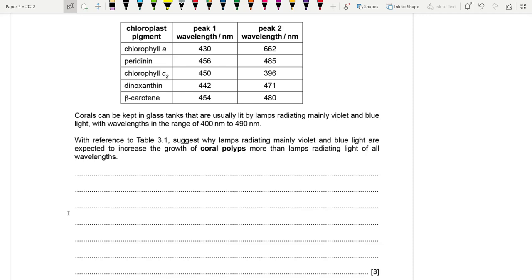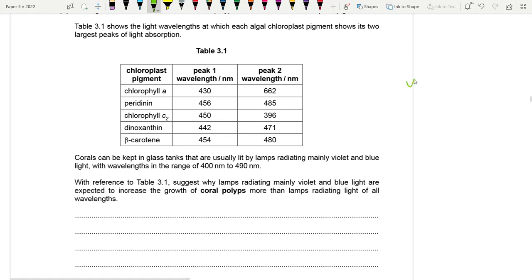Okay. So guys, think about the visible light spectrum. It's VIBGYOR, right? So it's in the order of increasing wavelength from around 400 nanometers to 700 nanometers, right? So clearly, corals can be kept in glass tanks that are usually lit by lamps radiating mainly violet and blue light with wavelengths in the range 400 to 490.